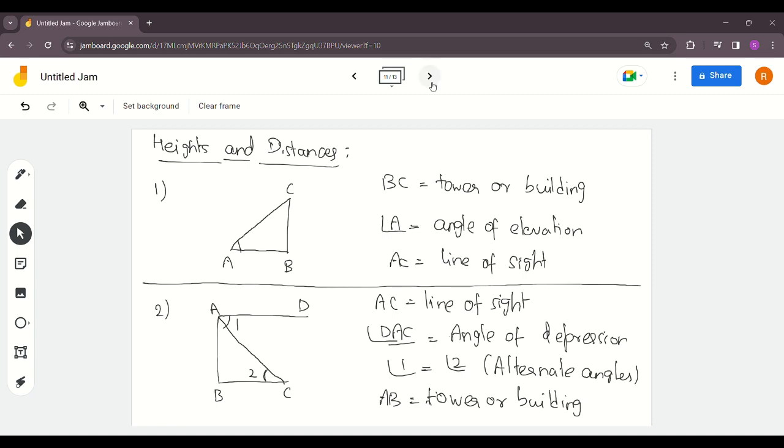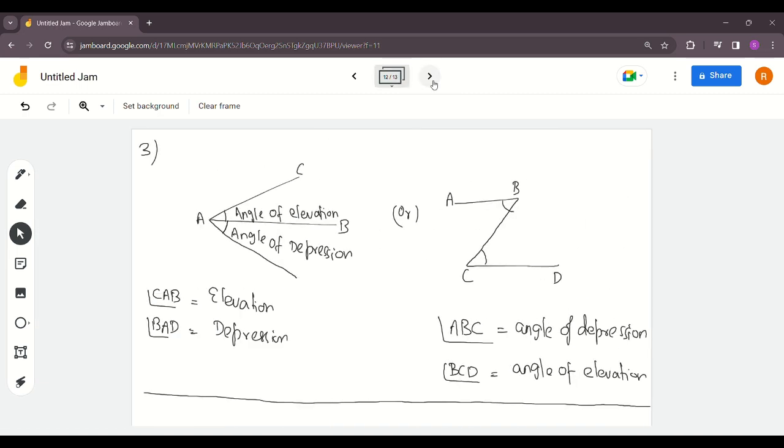Sometimes they will be giving both elevation and as well as depression. So for these type of questions, you can see angle of elevation from the bottom to the top and angle of depression from top to the bottom. So here you can see BAC. This A is nothing but the foot. He is looking right towards the top from the bottom to the top.